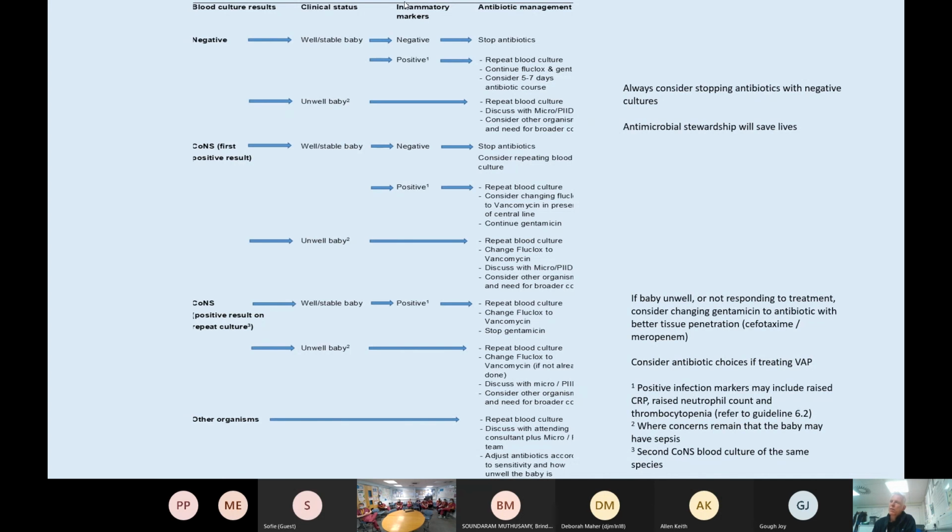We've had a number of babies, two babies, I think, that I recall in the last few years, that have come from Lewisham with NEC, and they have grown gent-resistant organisms in their blood cultures, but we've only found that out 24 hours after the babies have got here, because they've got cultured there and then transferred over.